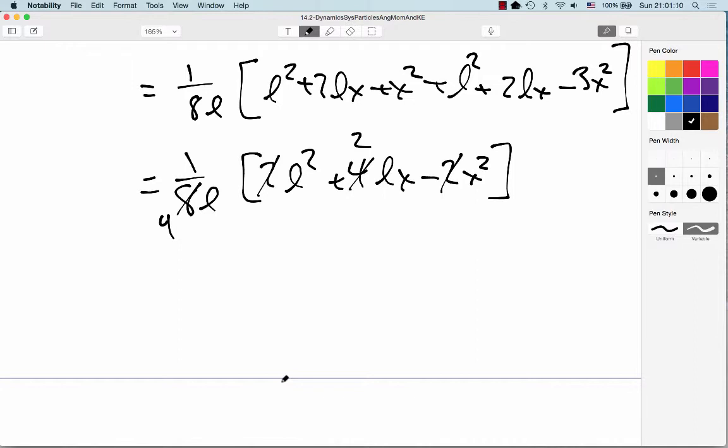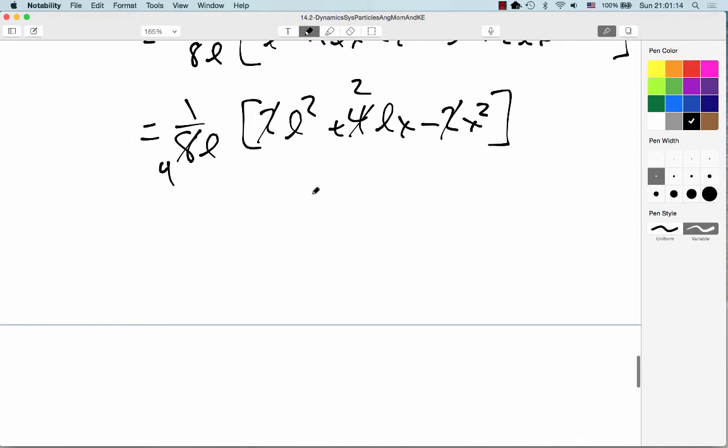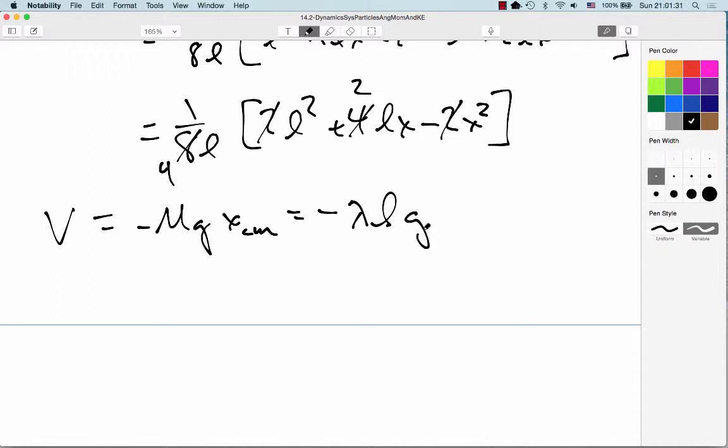All right, so now that I've got my center of mass, I can say that the potential energy is minus mg times xcm. So this will be minus big M, which is just minus lambda L g, and then my xcm is going to be 1 over 4L times L squared plus 2LX minus X squared.